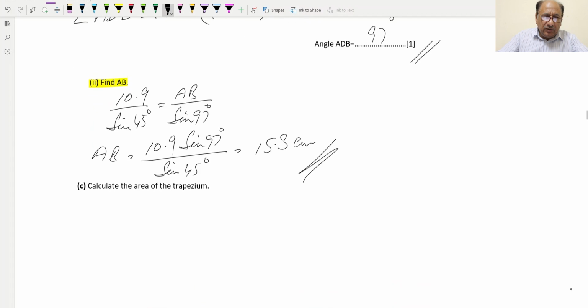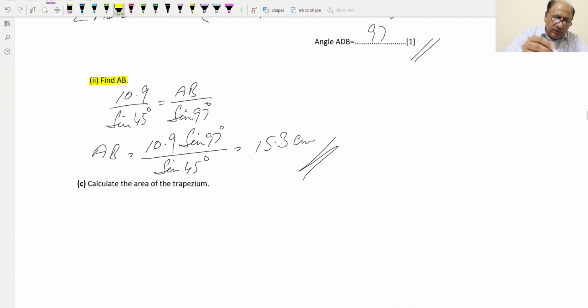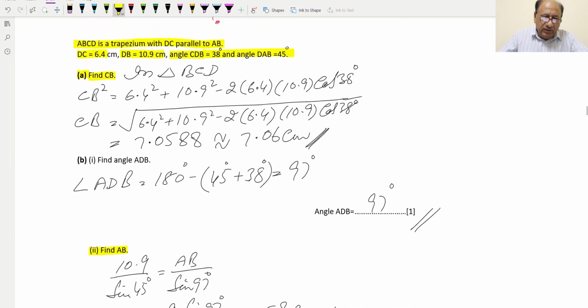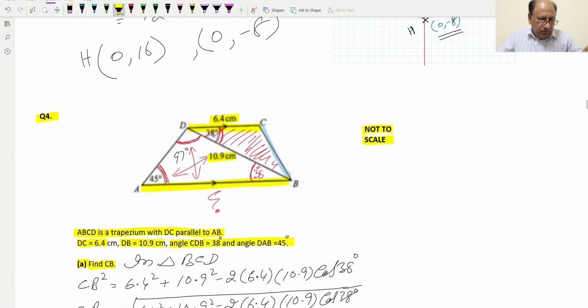So this is done. Next, C part, they're saying calculate the area of the trapezium. Now to find the area of the trapezium, we need the perpendicular height. There are two methods. One, you can find the area of both of the triangles and then add them to get the area of the trapezium.